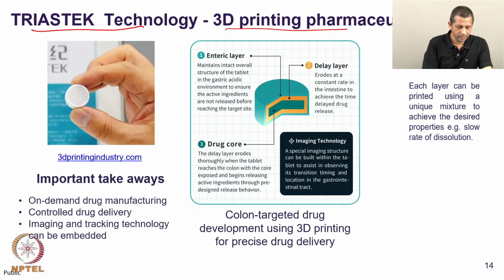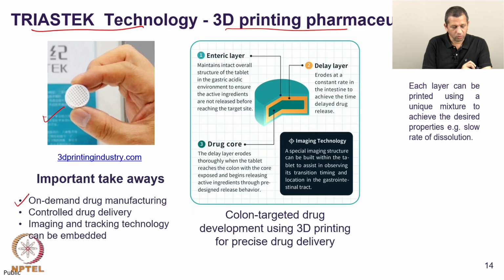Using this method, tablets or drugs can be printed with multiple layers and virtues such that the tablet or the drug is delivered within stipulated time at the specified location.